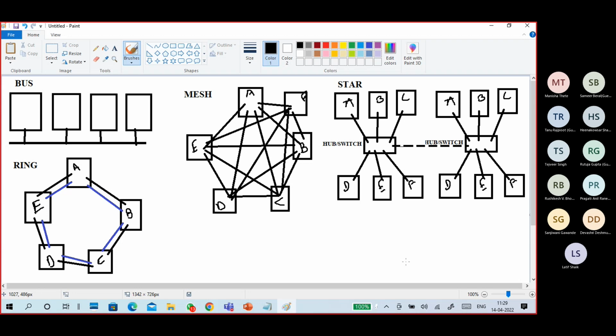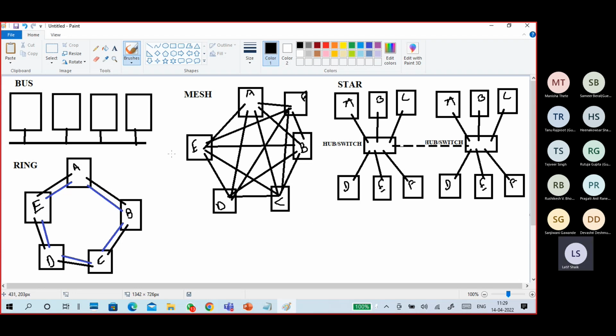Understand, guys? Take an example. I have 40 computers, but I have only a 24 port switch. I can't connect 40 devices, right? So what do I have to do? I take another 24 port switch and connect it, and then I can connect almost 46 or 47 computers. So this is the extended star.